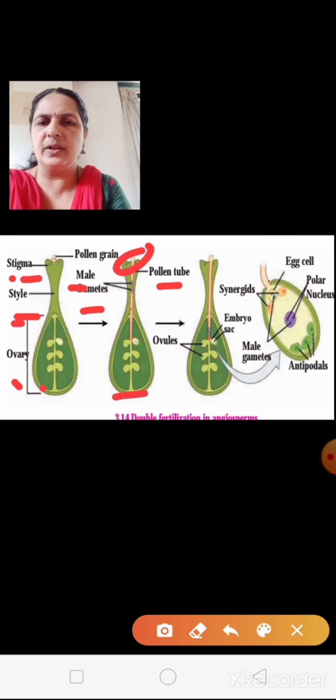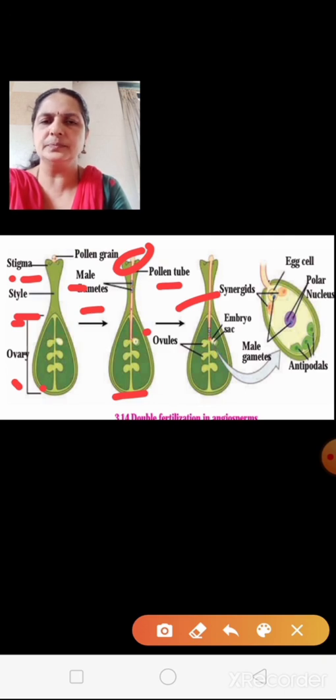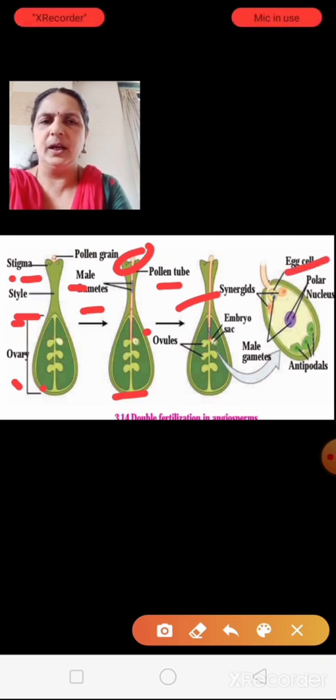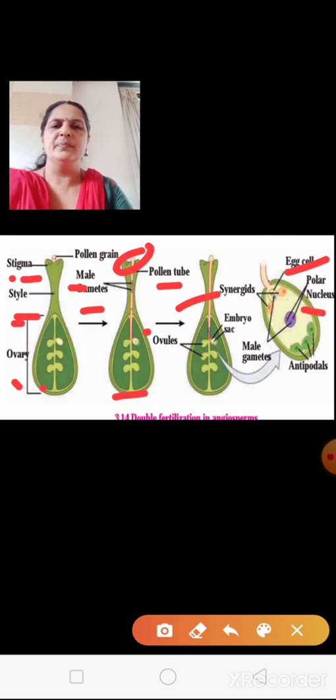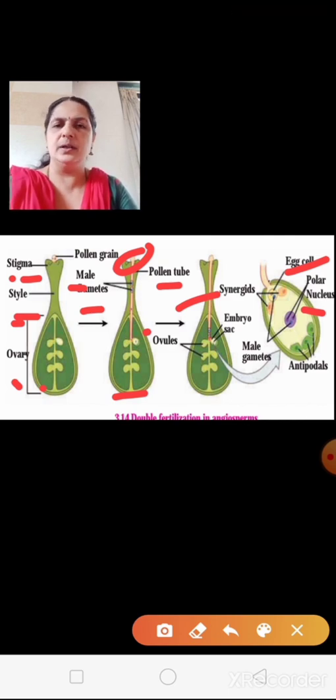When it reaches the embryo sac over here, the pollen tube bursts open and one gamete fuses with the egg cell, and the other male gamete fuses with the polar nuclei, and that's when two nuclei are involved. That's why it is called double fertilization.